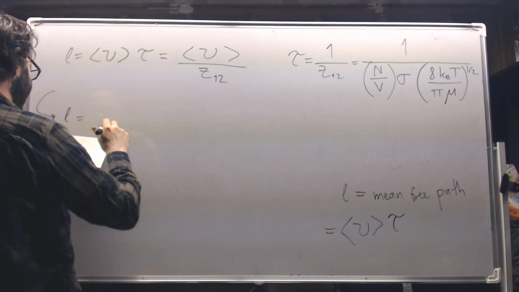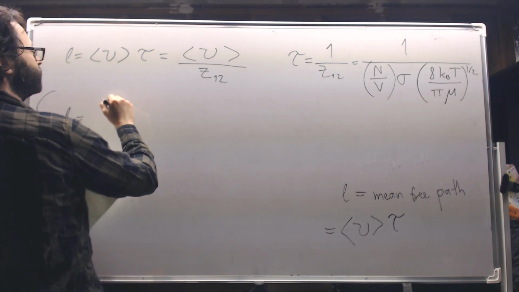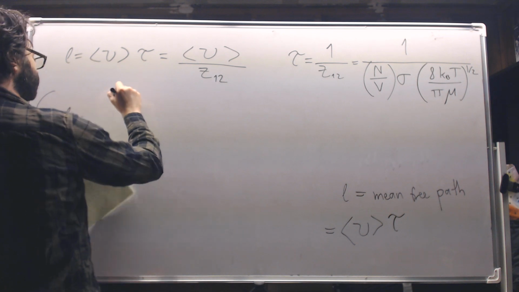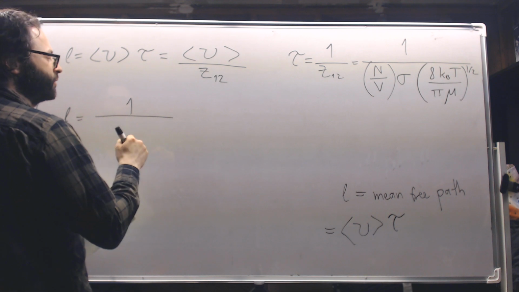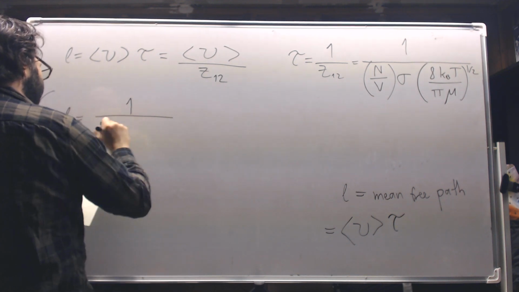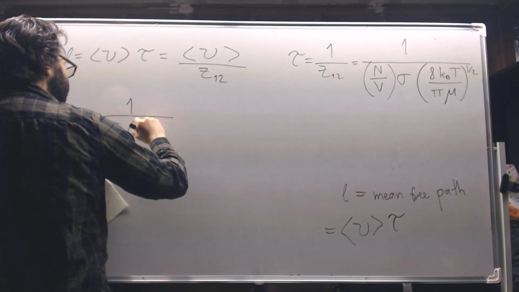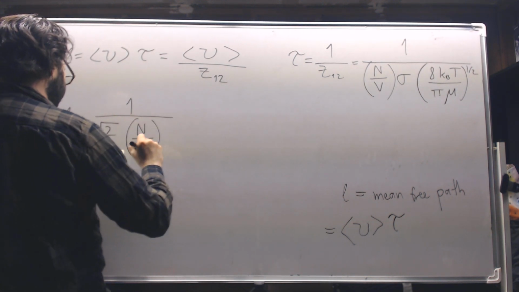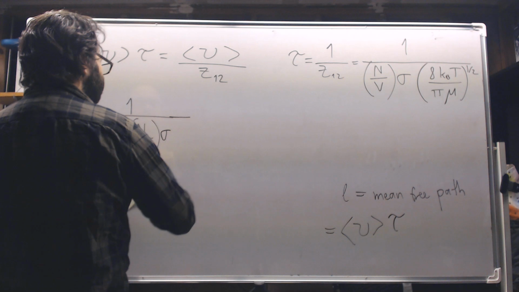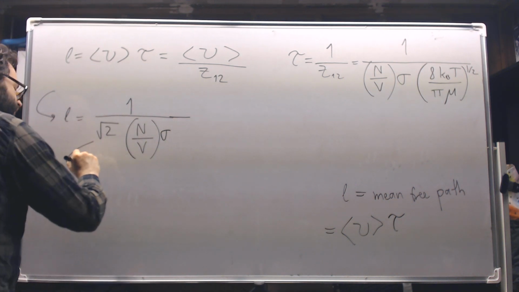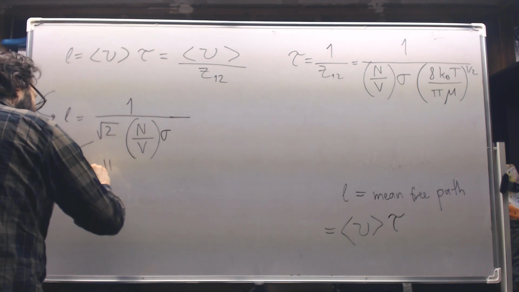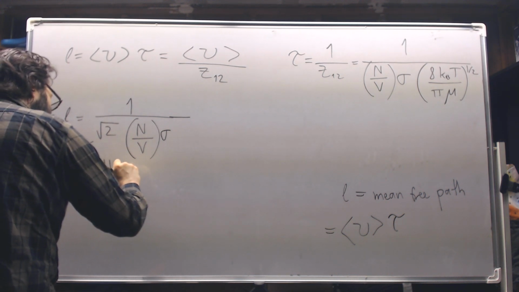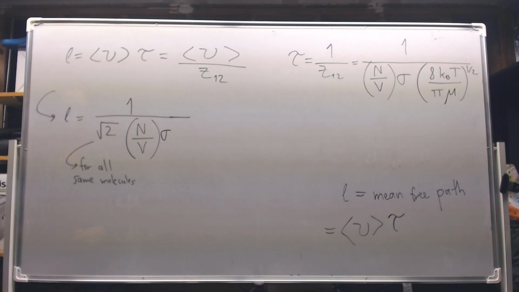And the end result is 1 over, if the particles are the same kind, I'll include the square root of 2, times the density, N over V, times the collision cross-section. This is for all same molecules in the gas. If the collisions are all between identical molecules, so it's not a gas mixture.